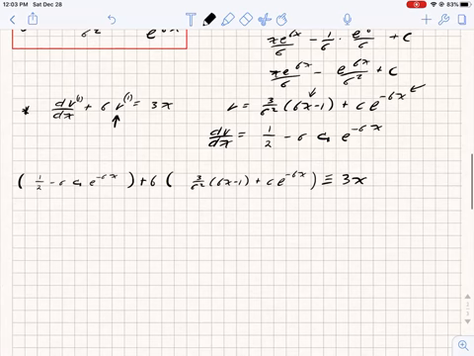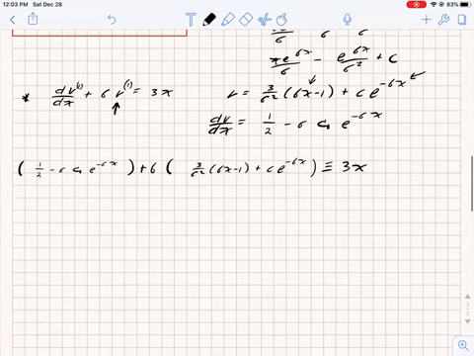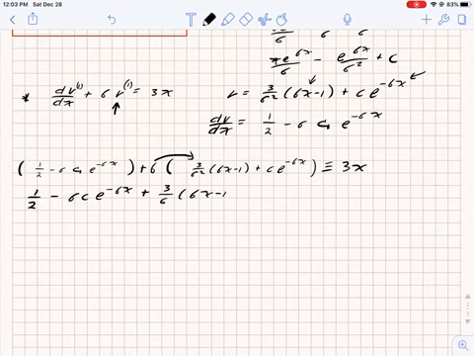And it's pretty much just simplifying from here. Let's factor in this 6. We're left with 1/2 minus 6c e to the negative 6x plus 3 over 6, 6x minus 1 plus 6c e to the minus 6x is identical to 3x.